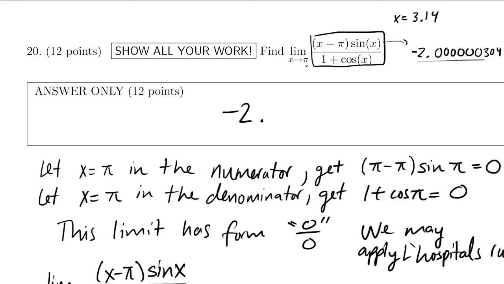When I put a number close to pi in, and I get a number so close to -2, I know for sure I've got the correct answer here. But by the way, if you use your calculator to get this answer, you'll probably get 0 points. You have to use a proper technique, which in this case is L'Hopital's rule, to arrive at that answer of -2. All right, so that was just a check, and I'm confident that's the right answer. So we can move on.